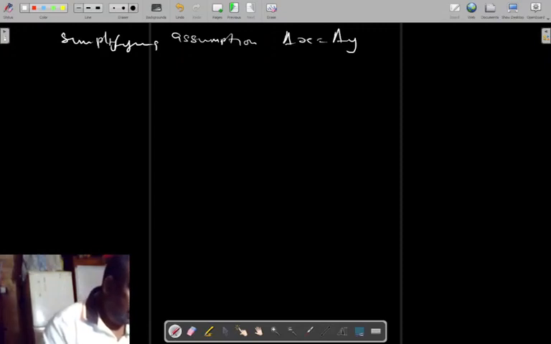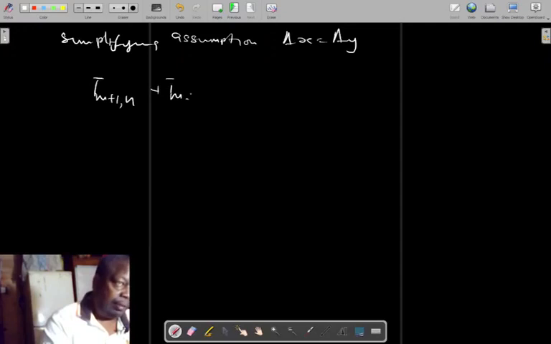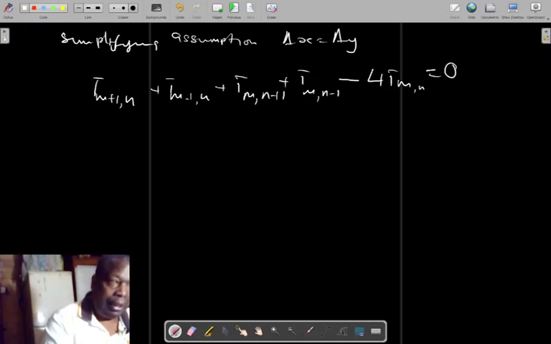If that is the case, then you can multiply through by Δx squared, which is equal to Δy squared, and you will get T(m+1,n) plus T(m-1,n) plus T(m,n+1) plus T(m,n-1) minus 4T(m,n) is equal to 0.